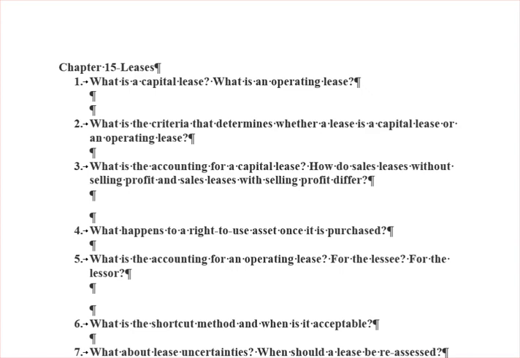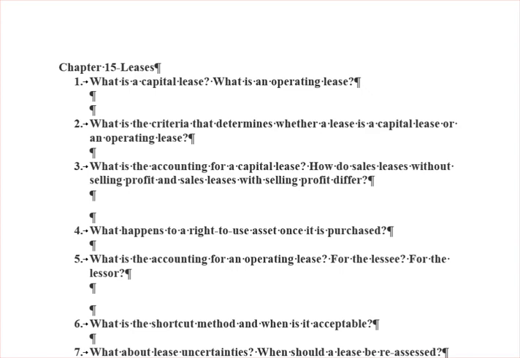So the first thing, of course, to do is to understand the difference between a capital and operating lease. And you had that in the first part of the leases, and I'm going to go back over these problems with you. After we do that dichotomy, we have to know what is a capital lease and what's an operating lease, and that's a concept question, and it's substance over form.